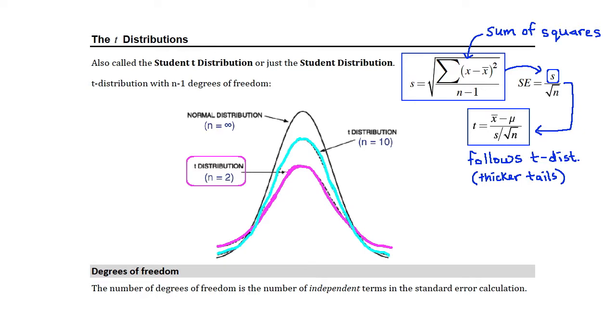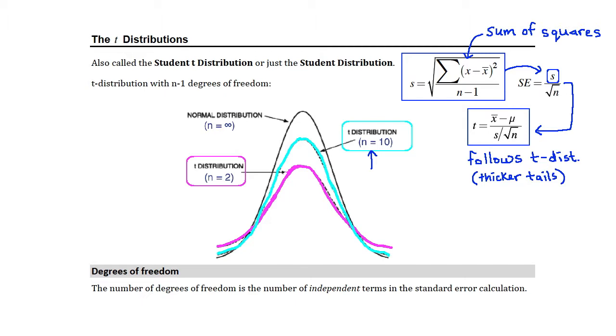And for n equals 10, we have the distribution that I have just highlighted here in blue. Now what we can see is that for a smaller sample, we have less concentration at the center and more mass in the tails, and that as n increases, so we look at 10 versus 2, we're getting closer to a normal distribution.